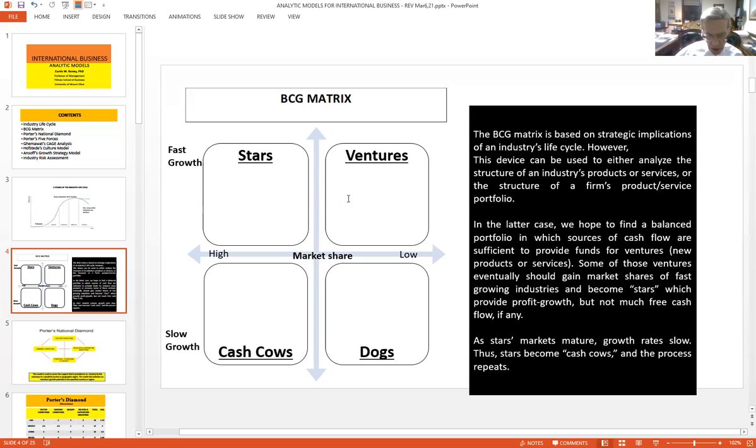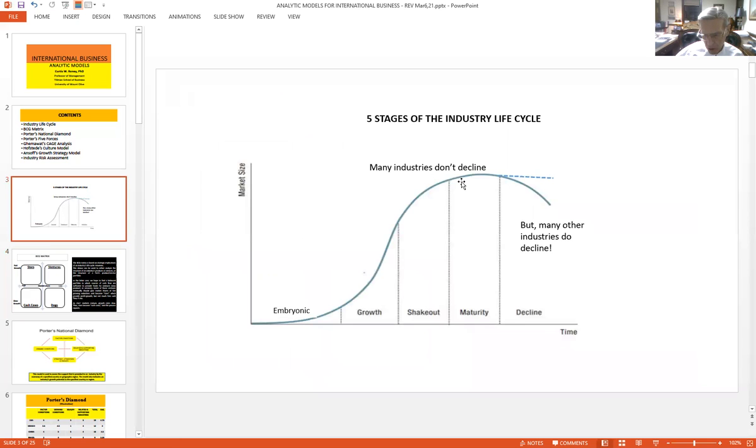Now, the problem is that both the ventures require new cash and the stars require cash to keep them going. Their profit provides some of that cash, but they may need more cash. So what we'd like to have are businesses up here in the maturity stage that are no longer growing and no longer need new cash to fund their growth.